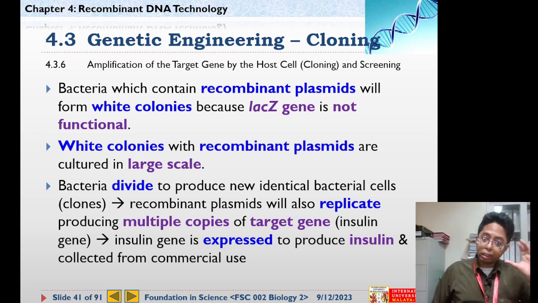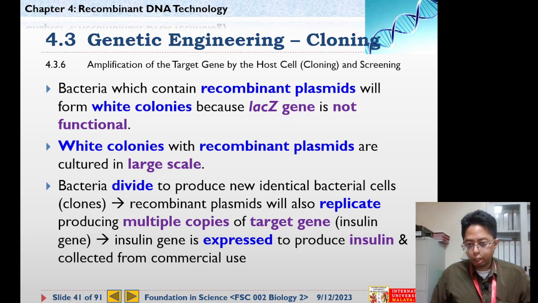Because the lacZ gene is supposed to be used to hydrolyze X-gal to make it blue, right? But since the area where the lacZ gene used to be has been taken over by the target gene, now it is non-functional. So it makes it easier for us to select which host cells we want to multiply.